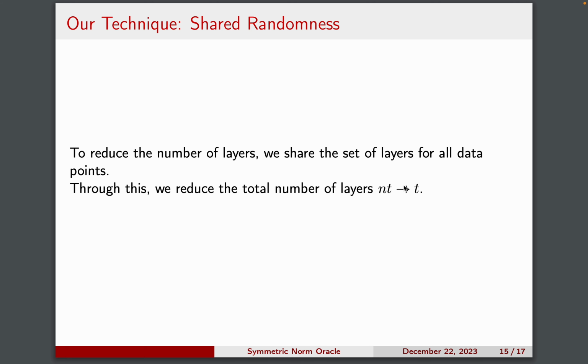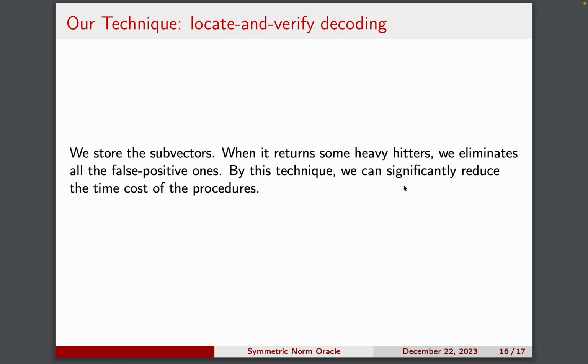We have several problems applying this technique to our problem. The first one is that there are too many layers, so we need to reduce them. We use shared randomness to reduce the total number of layers from nT to T. And we store these subvectors, so when it returns some heavy hitters, we eliminate all the false positives, subtract the sketches we stored, and decode the distance from that.